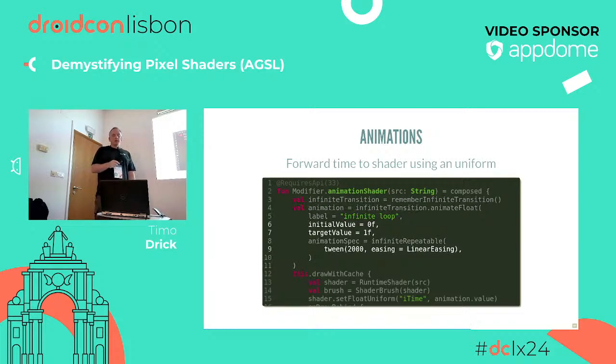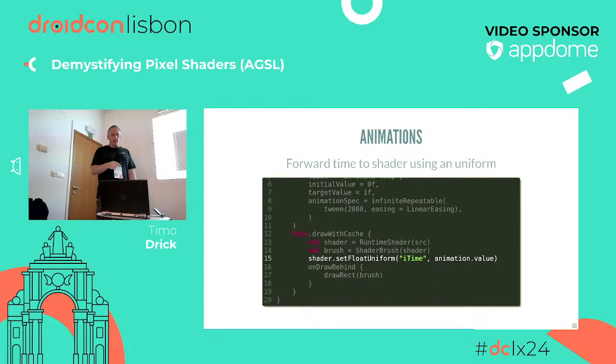Also important is that you define this animation specification, where you can define the duration. In this example, it's 2 seconds. But important is this linear easing, because otherwise the time gets distorted. For me, in my shader, it's easiest to have a variable between 0 and 1 because it makes the math much easier and it's not distorted.